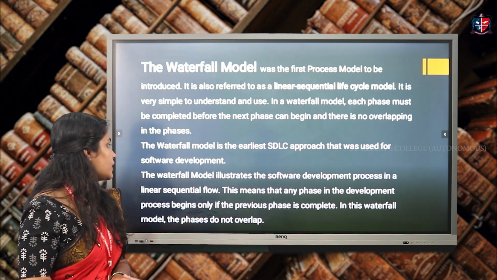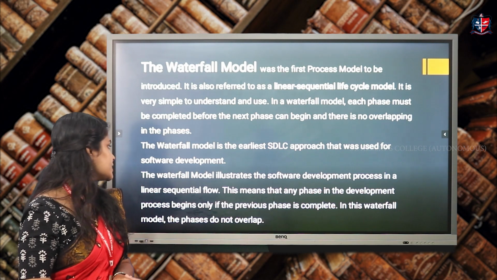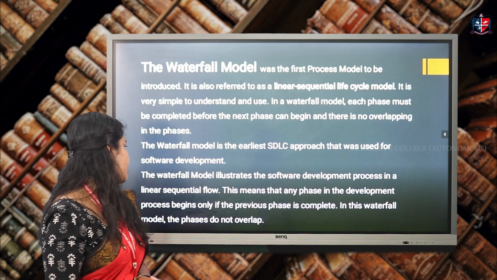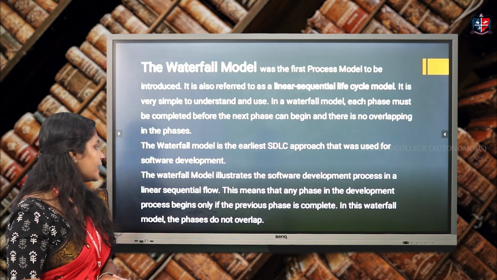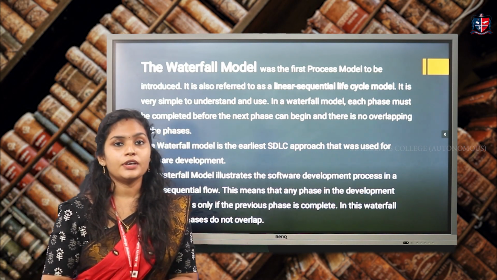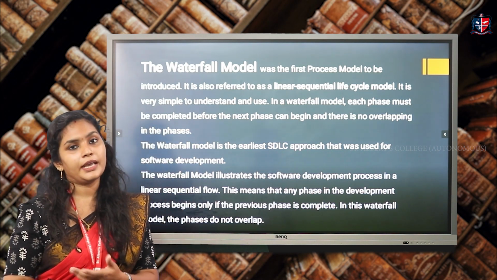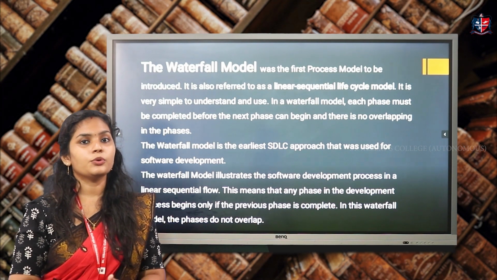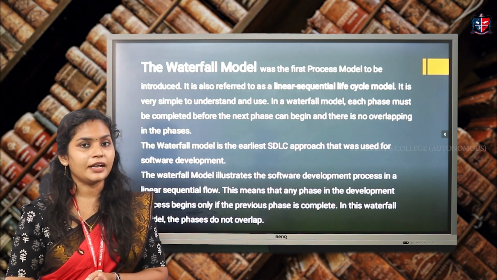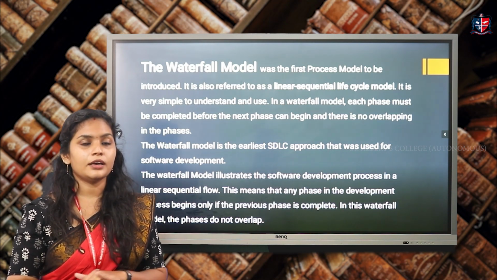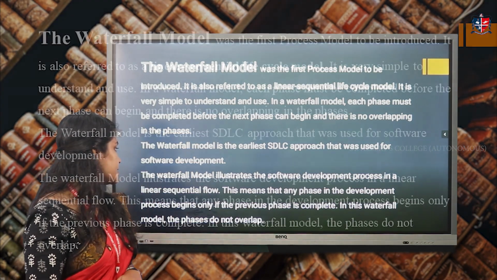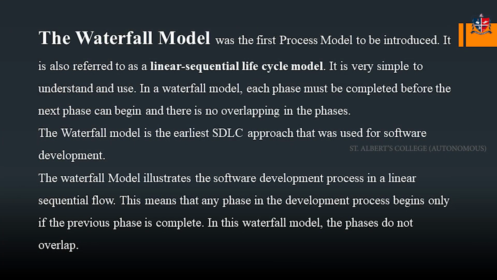The waterfall model illustrates the software development process in a linear sequential flow, and this means that any phase in the development process begins only if the previous phase is complete. That means if you do any step, then you must do the beginning steps first, in sequential order, because it is a linear sequential life cycle.